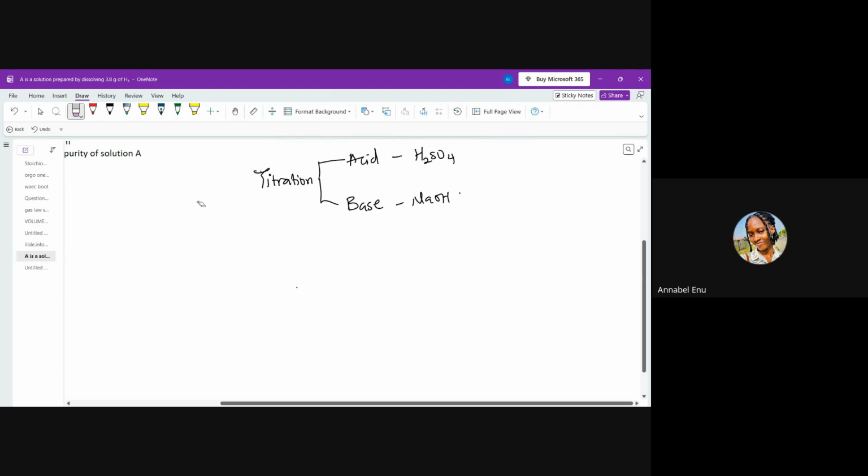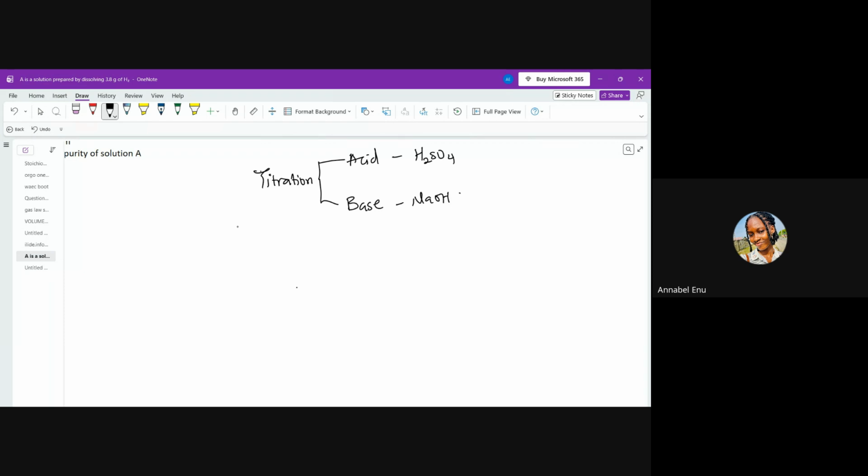Since we already know that we are dealing with sodium hydroxide and tetraoxosulfate, you would be given the steps on what to do. Your practical manual or question might be telling you you're going to be using your acid as your titrant. That is what is going to be in the burette. Or you're going to be using your base, you're going to be pipetting your acid, or you're going to be pipetting your base.